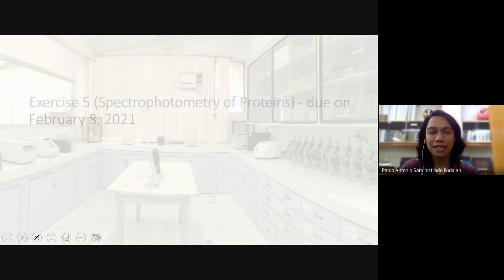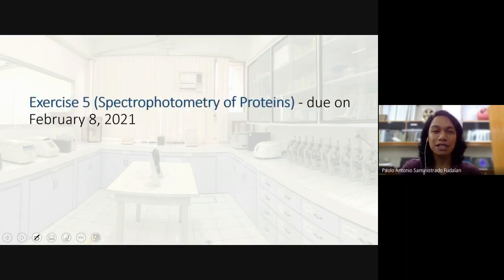If there are any questions on the spectrophotometer and this exercise, you may ask them now. But before that, exercise 5 is not anymore due this Saturday. What Saturday? Saturday is the 6th. I moved the due date 2 days later. It's now due next week, Monday. That's the due date for spectrophotometry of proteins.